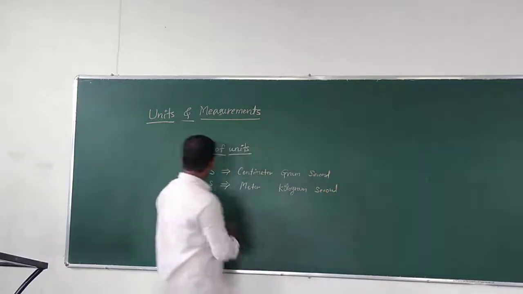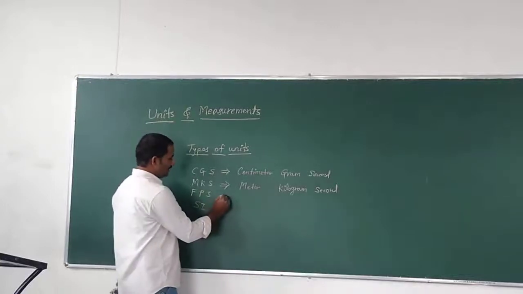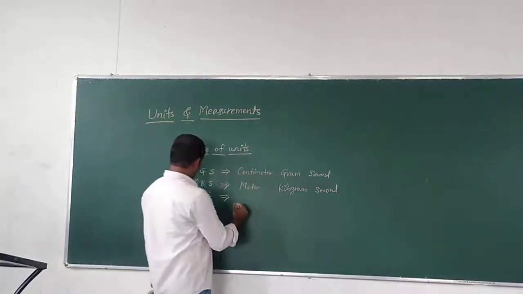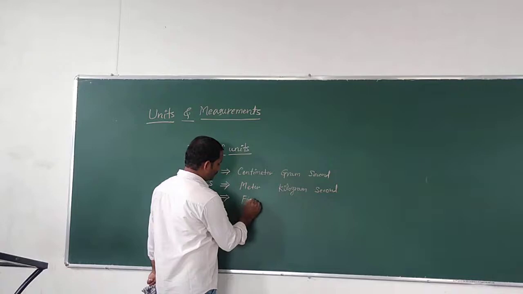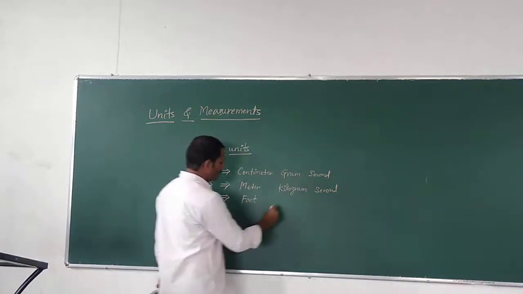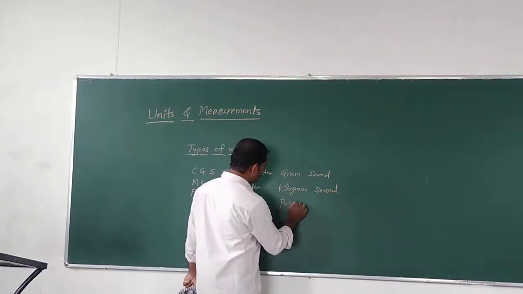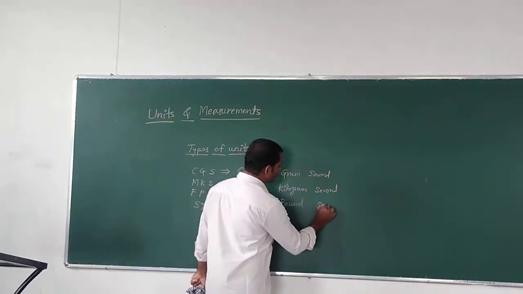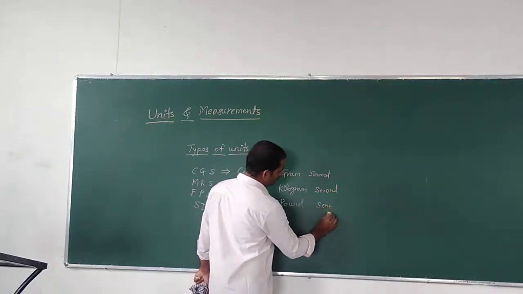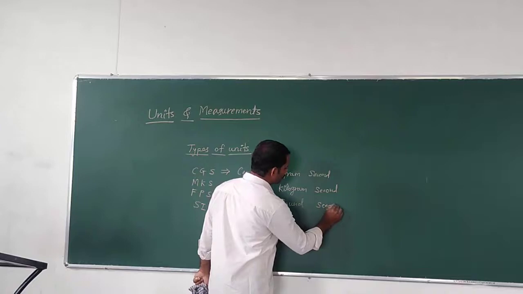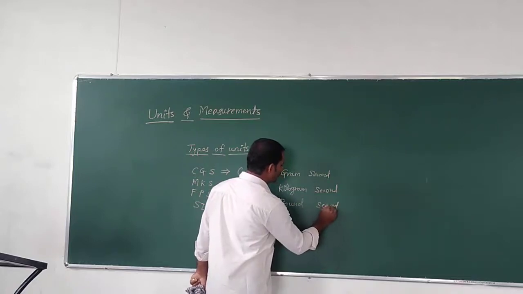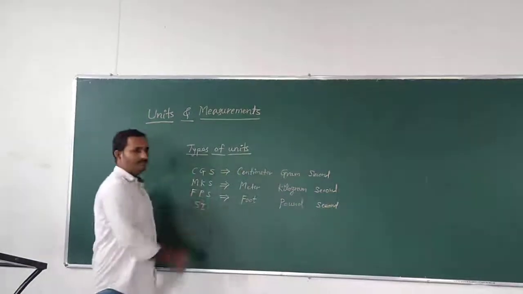So this is MKS unit. Then third one is foot, pound and second. Foot, pound and second. So this is FPS unit.